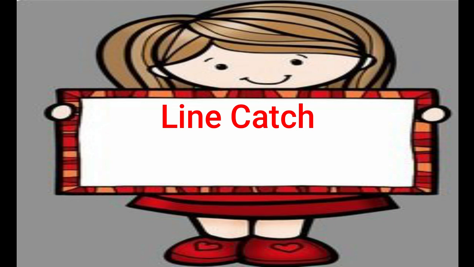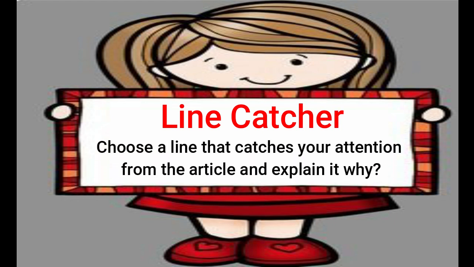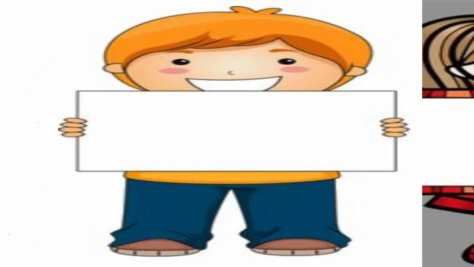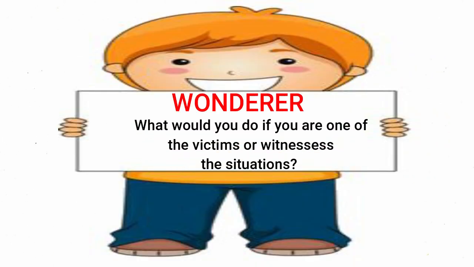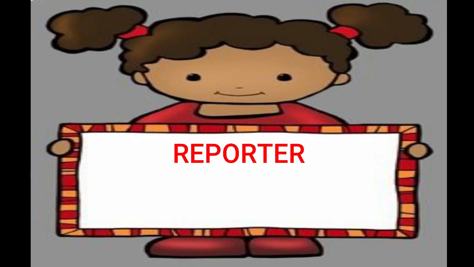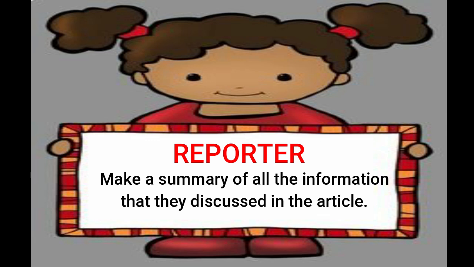For the line catcher, choose a line that catches your attention from the article and explain why it was chosen. For the wanderer, what would you do if you were one of the victims or witnesses to the situation? And for the reporter, make a summary of all the information that they discussed in the article.